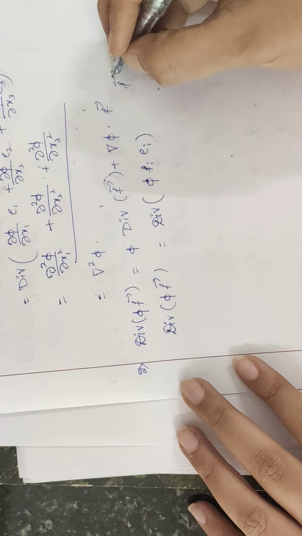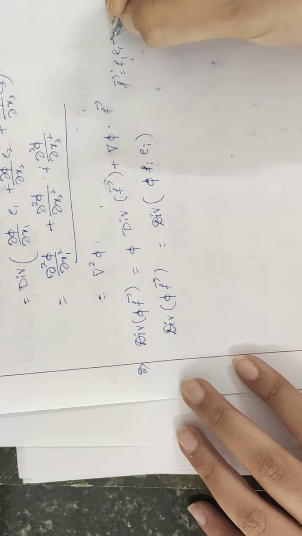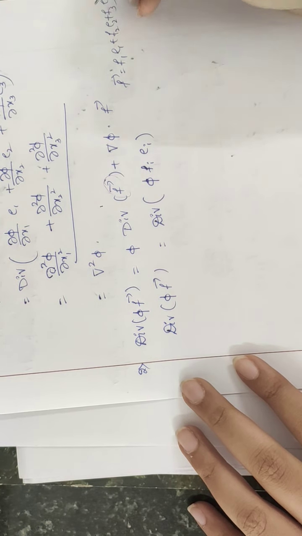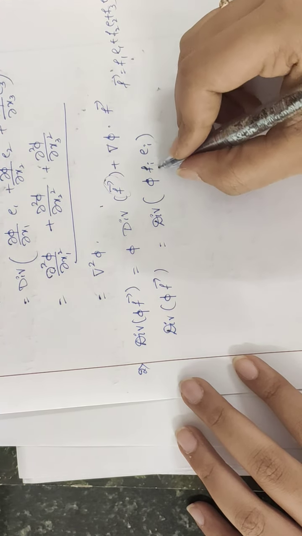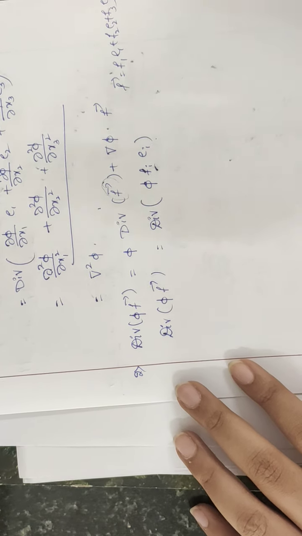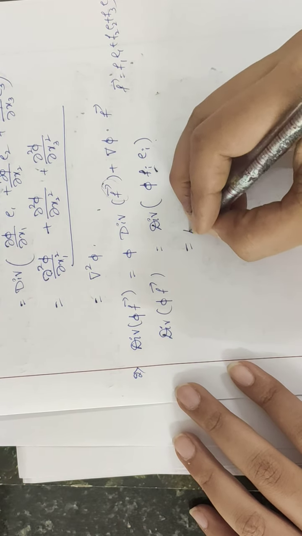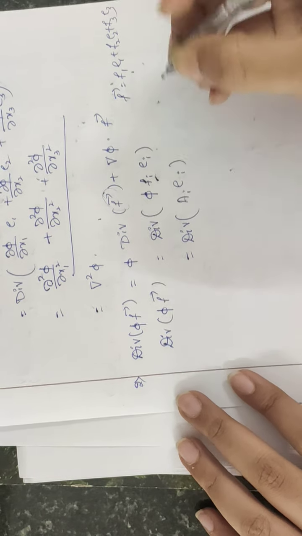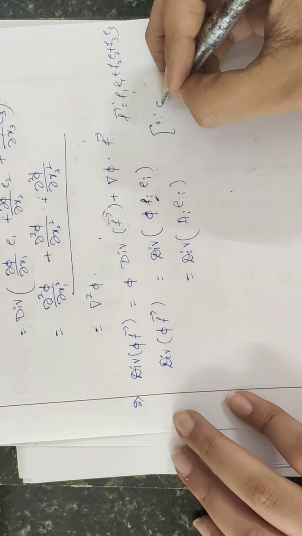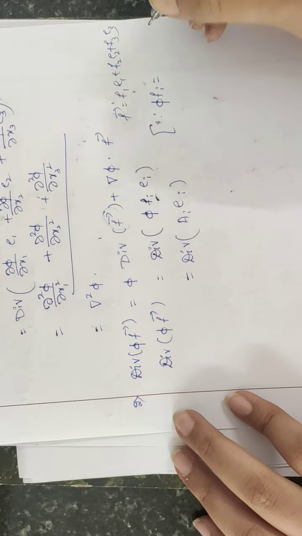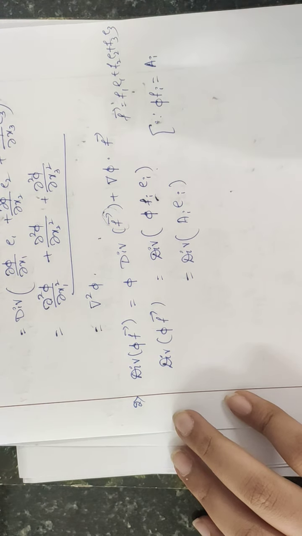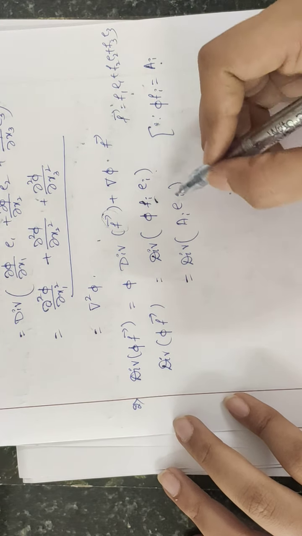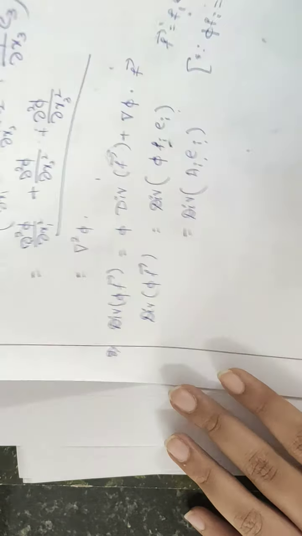The vector function we will write as f1 e1 plus f2 e2 plus f3 e3. In general, using suffix notation I can write fi ei. This is nothing but divergence of ai ei, because phi fi gives you some other vector function, which I will consider as ai. So you will get ai ei.